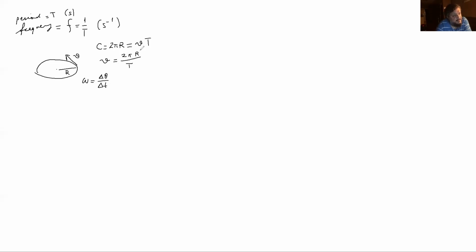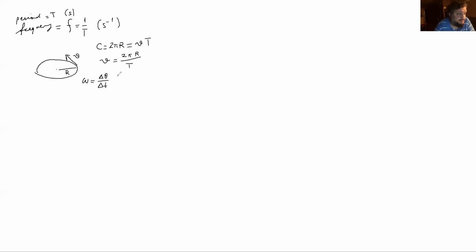When I wrote this formula, of course, I assumed that v was a constant, just to make a point here. If v is a constant, omega is a constant as well, and you can take theta to be the full cycle, 2 pi.